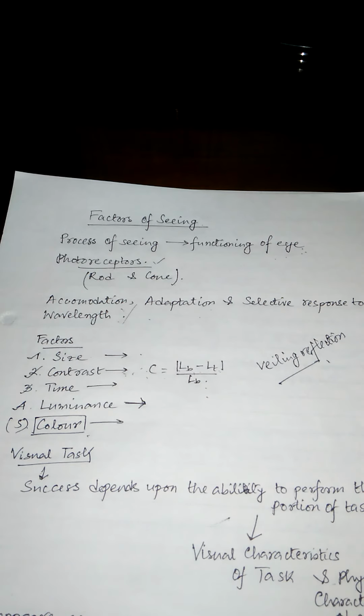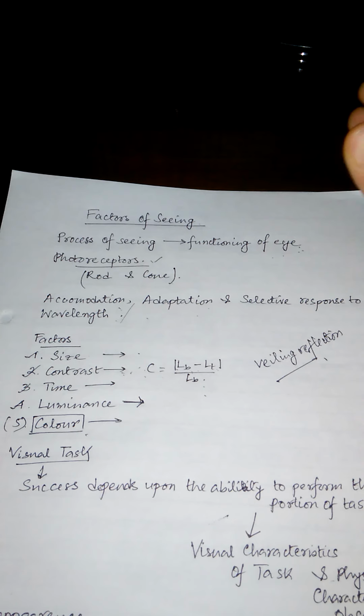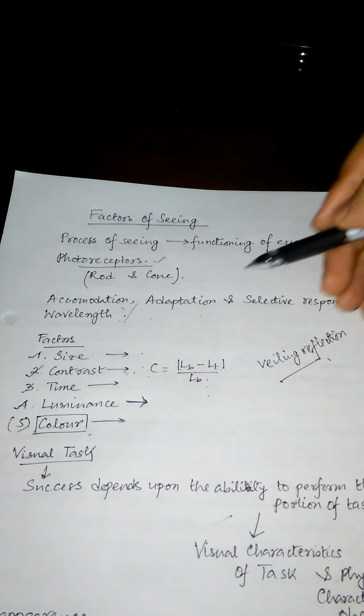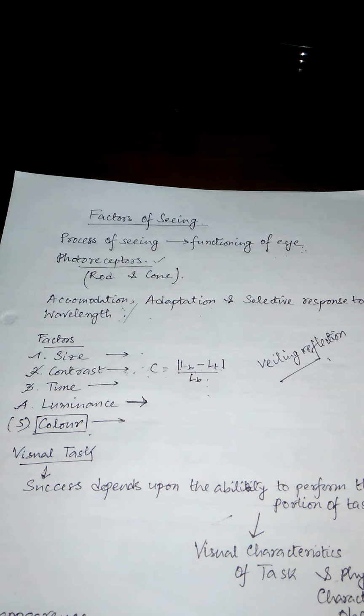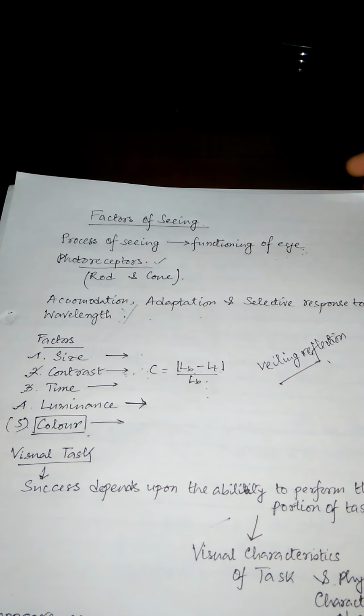That means how it accommodates the incident rays from the objects, and also the adaptation to the backgrounds and the objects, and also the selective response to different wavelengths, because when we consider light, there are obviously different wavelengths for different colors.